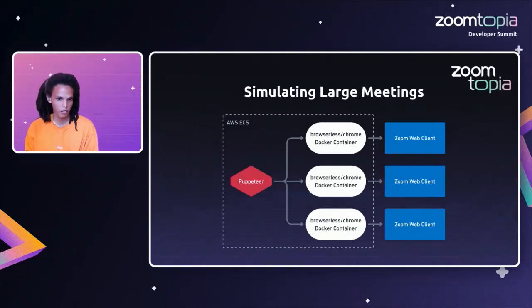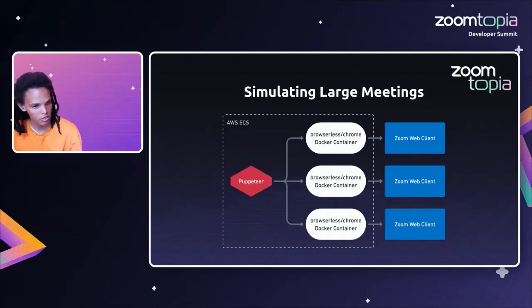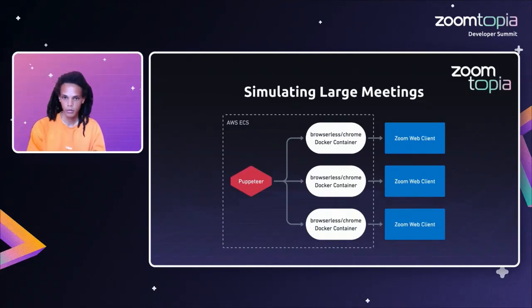So just in terms of the infrastructure around this, the way we're hosting these different headless browsers is we have an AWS ECS instance, and we can scale up to however many we need very easily. It's essentially a Docker image on a container. So if we want hundreds of bots and we need more headless browsers, we can bring in more.